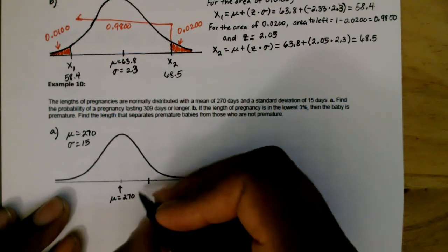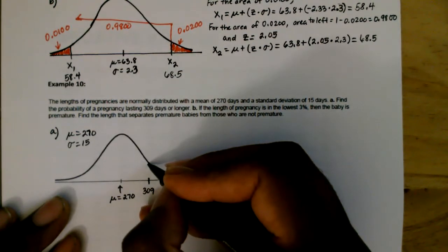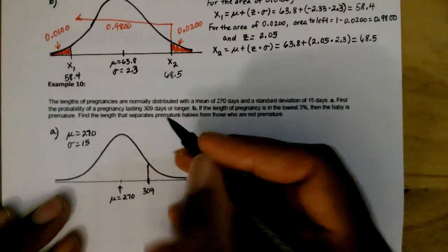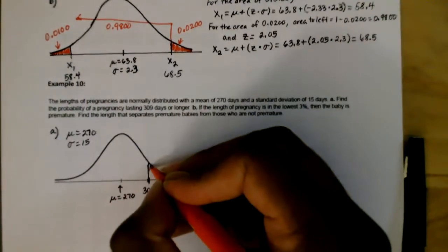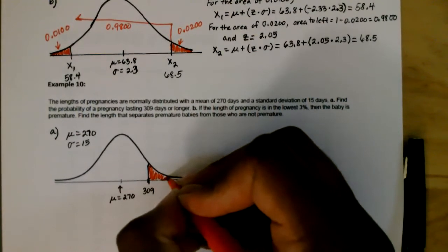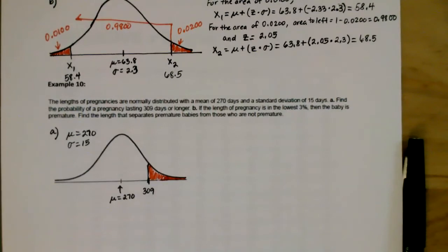So I'm gonna say 309 is over here somewhere. 309 days or longer. That means the area we're looking for is on the right, not the left, the right, because 309 days or longer means more than 309 days.